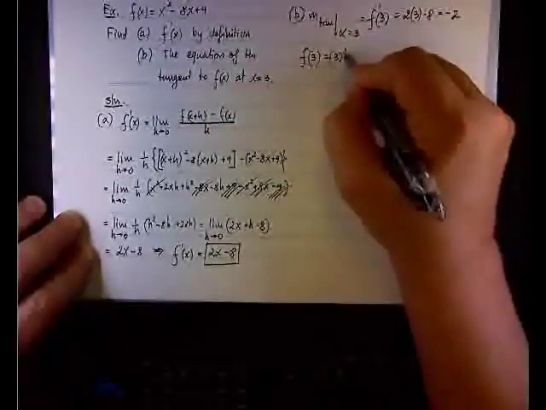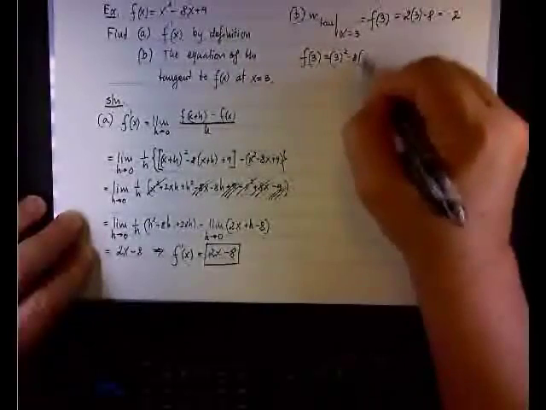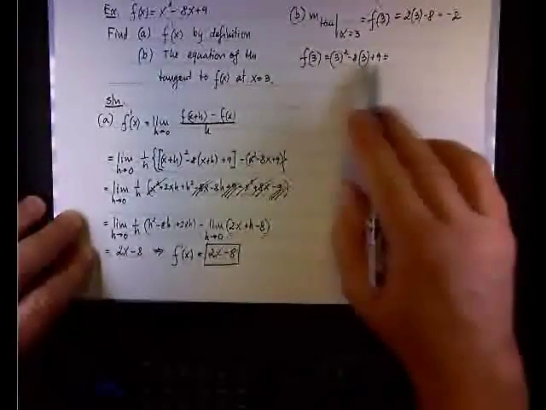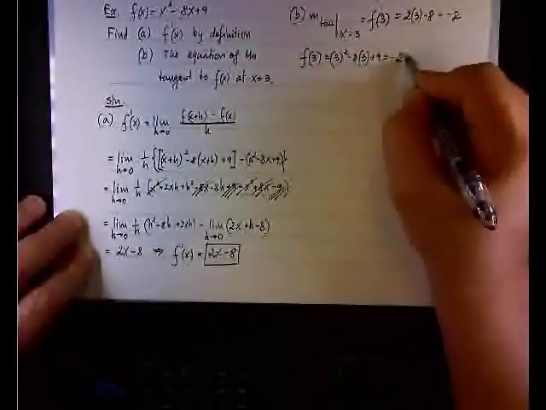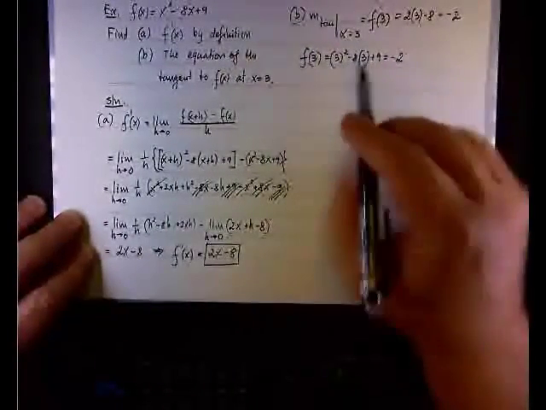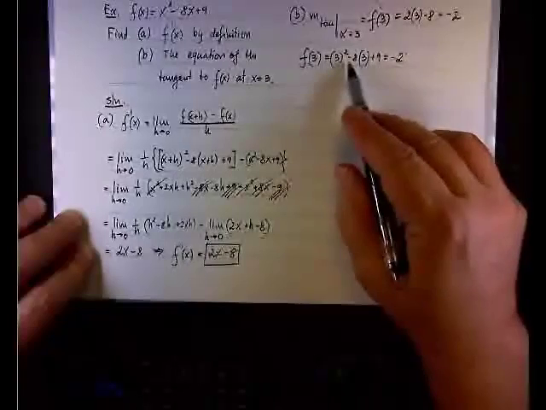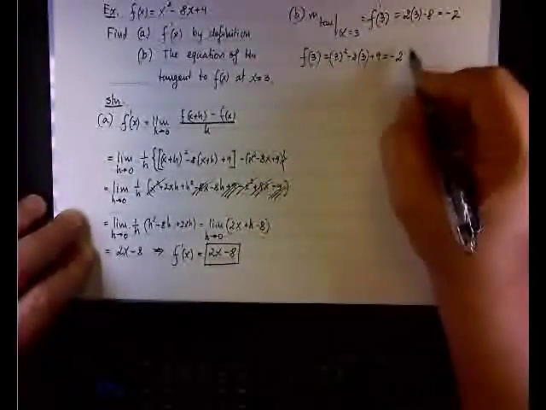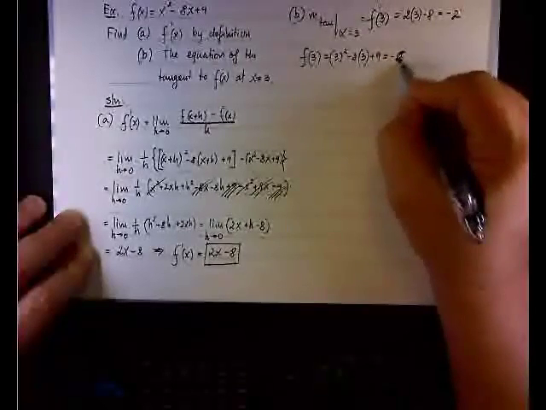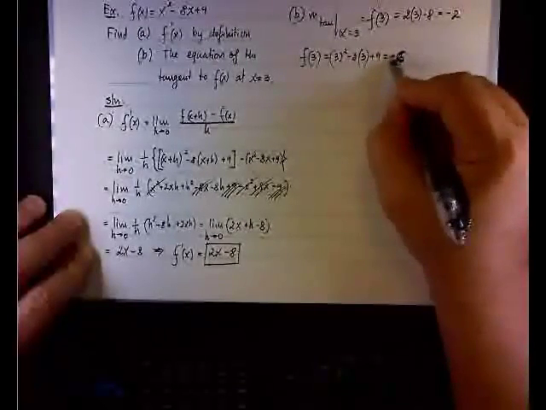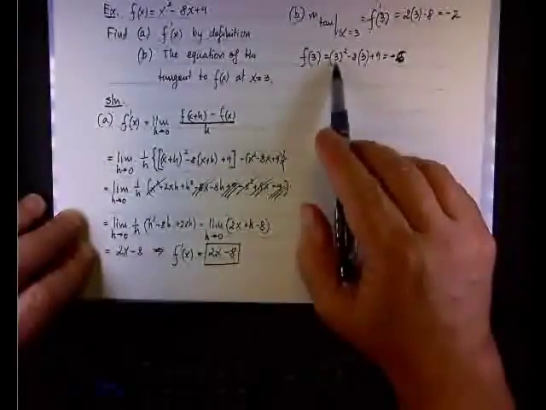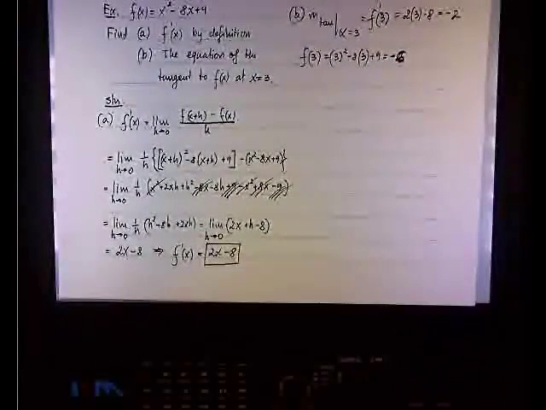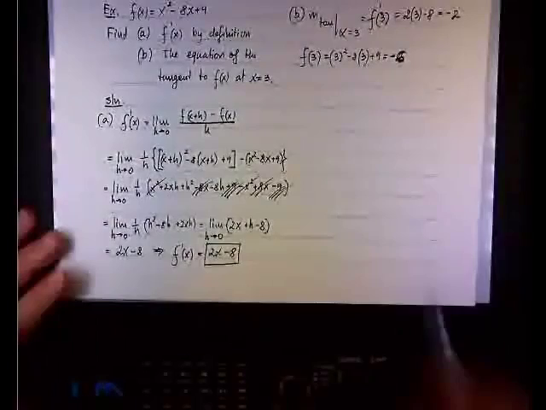So it will be 3 squared minus 8 times 3 plus 9. And let's see, 9 plus 9 minus 24. So 18 minus 24, so it's negative 6. Did I get it right? 9 and 9 is 18, and minus 24, right, negative 6.